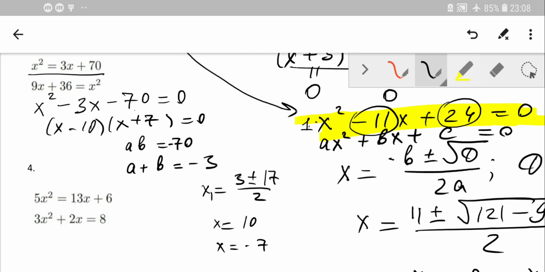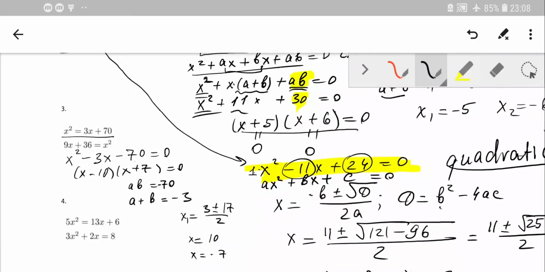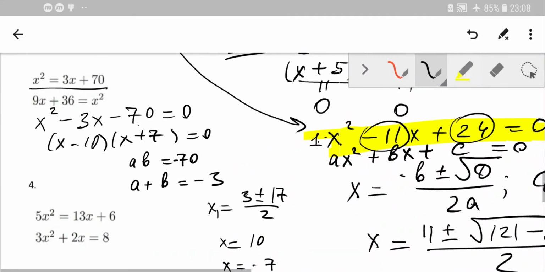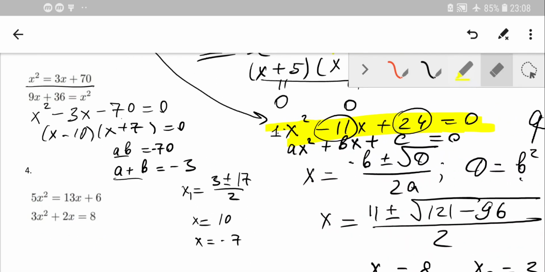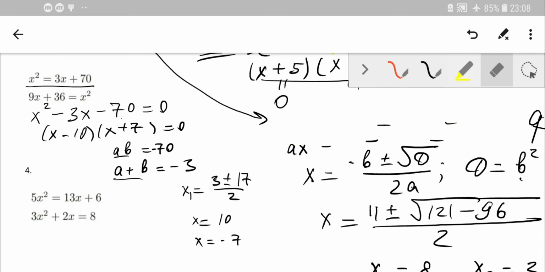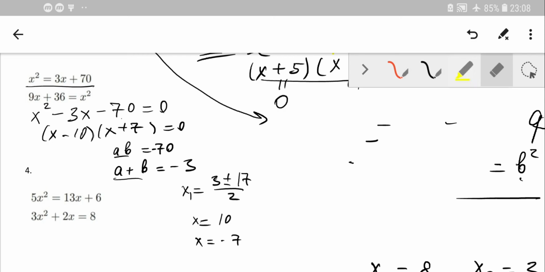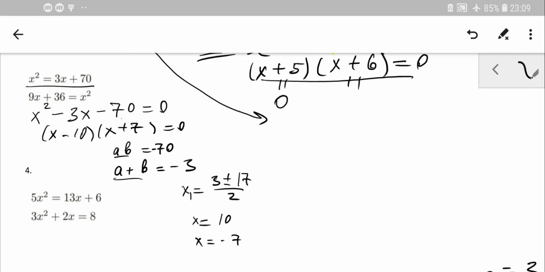Okay, so now let's try to do it by using the previous method, because some methods are hard to apply here. What we need to do: the product is negative 70 and the sum is negative 3. I actually used the quadratic formula and already got the solutions. However, I just checked it using my method about the product and the sum.